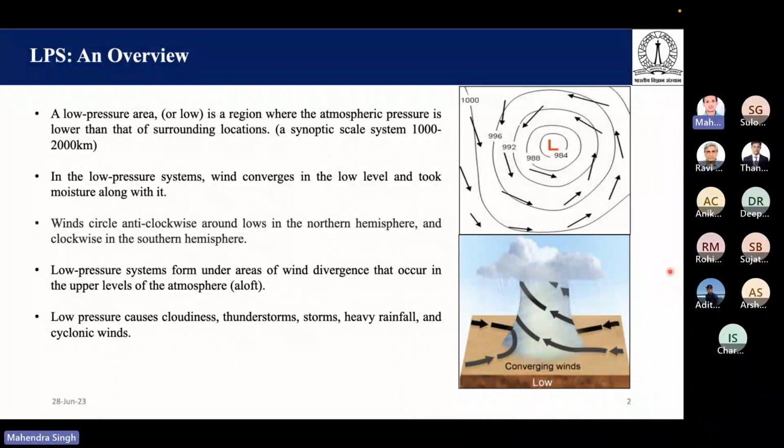The wind circulates anti-clockwise around the low in the northern hemisphere and clockwise in the southern hemisphere. These low pressure systems mostly cause cloudiness, thunderstorms, heavy rainfall, and cyclonic winds.